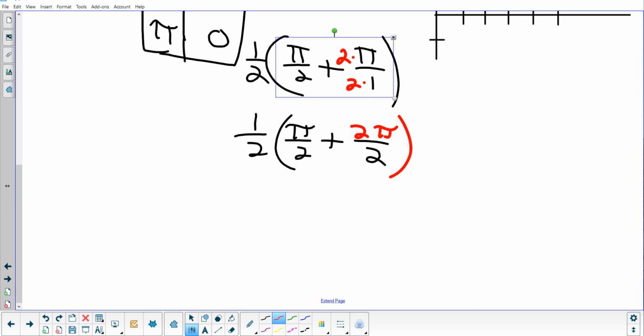What's pi over 2 plus 2 pi over 2? That becomes 3 pi over 2. Remember, you keep the denominator the same. You just add the numerators. And now when you multiply fractions, you go straight across. So what's half of 3 pi over 2?